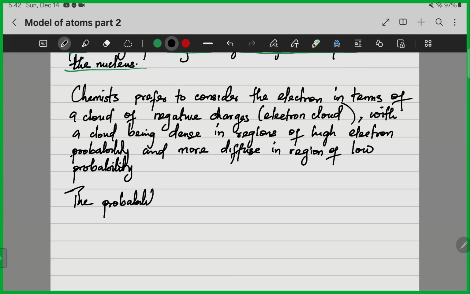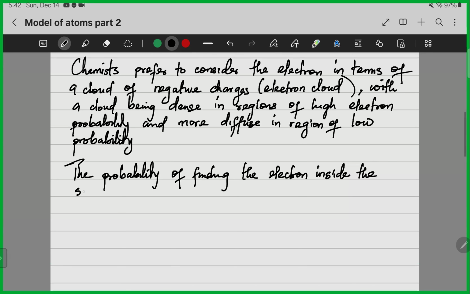The probability of finding the electron inside the spherical boundary is high.